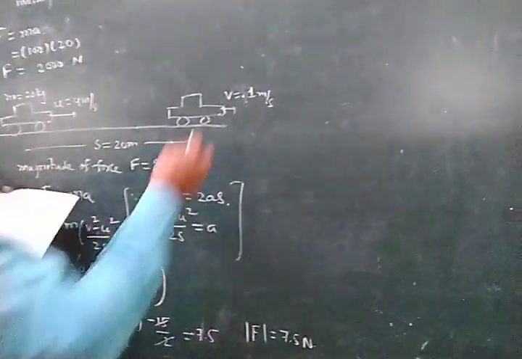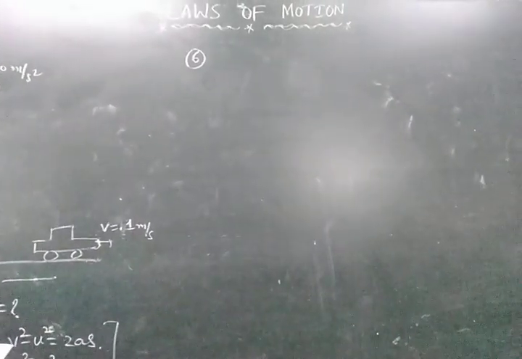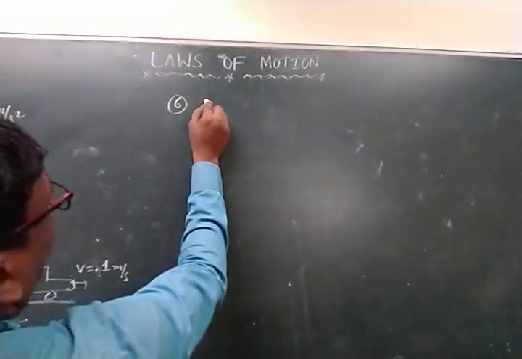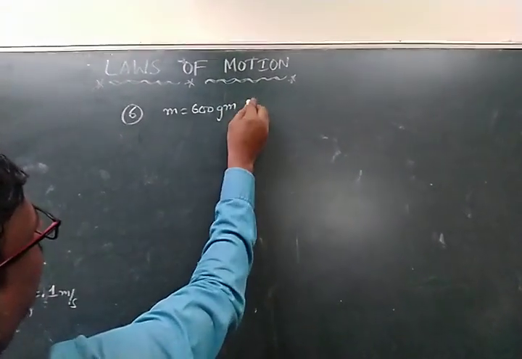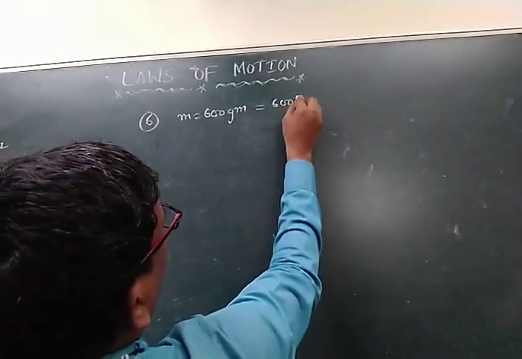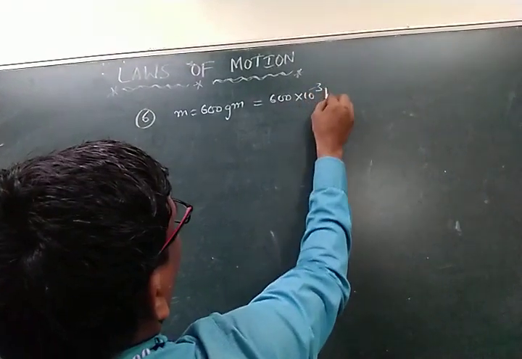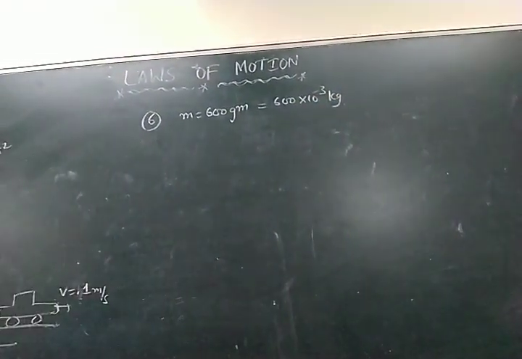Next, question number 6. A ball of mass 600 grams. A ball, mass m is given as 600 grams. Now convert it to kgs. 600 into 10 power of minus 3 kgs.